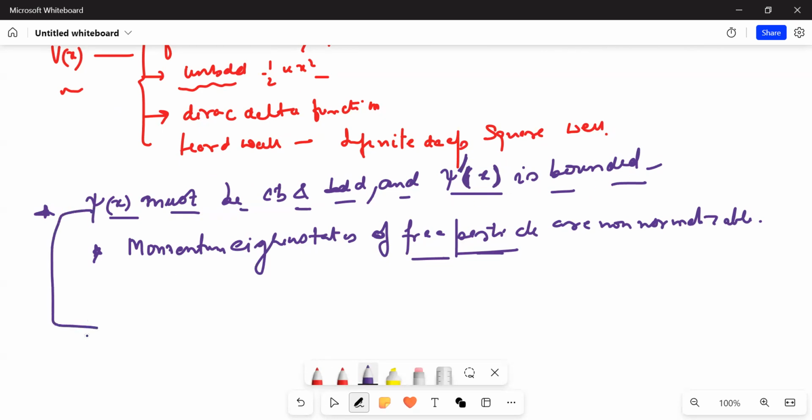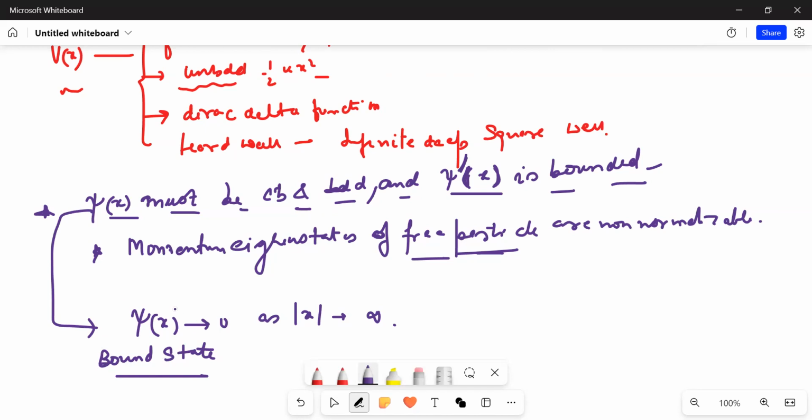Or another requirement from here, that is psi x must be continuous, can be that the energy eigenstate must tend towards zero as modulus of x tends to infinity. So this is a condition for bound states. So if I'm talking of a bound state, then psi x must tend to zero as mod x tends to infinity.